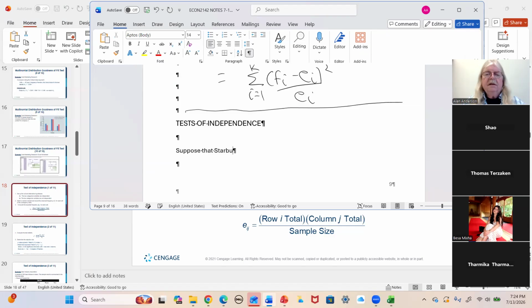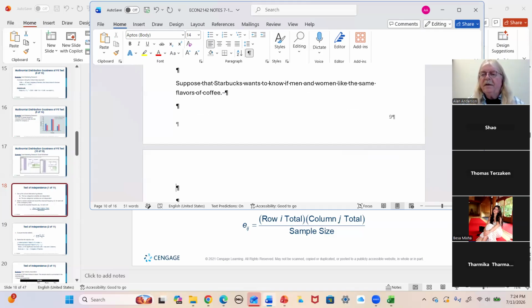Starbucks wants to know if men and women like the same flavors. In other words, if I made up a chart of the favorite flavors for the whole company, would the proportions be the same among men and women? Okay, that would be a test of independence.